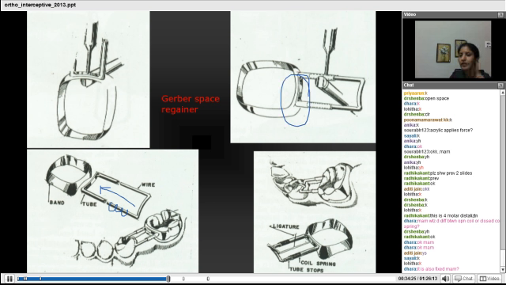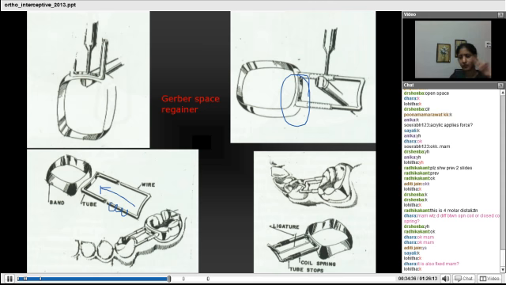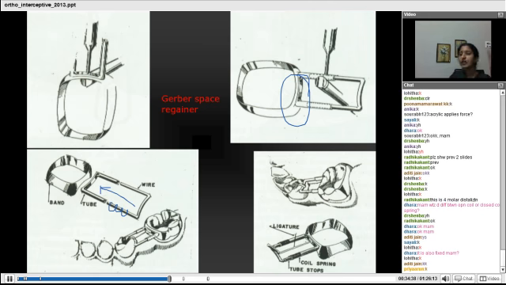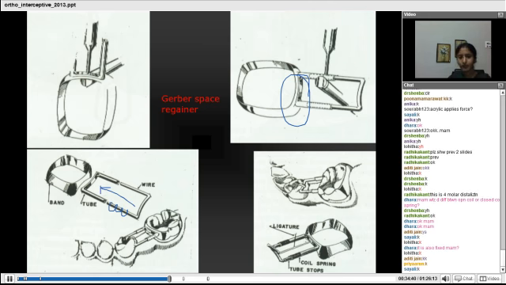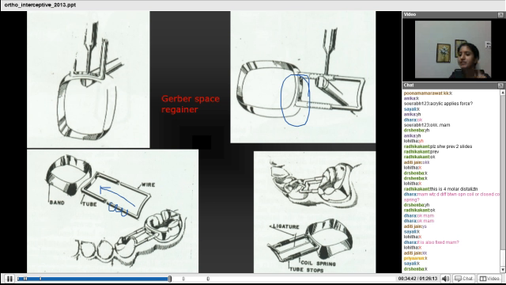Both open coil and Gerbers are fixed appliances, and all those four, slingshot, saddle, screw and palatal spring, are removable. So 4 are removable and 2 are fixed. The only difference is there you just had a U-shaped loop and an open coil spring, whereas in the Gerber space regainer you have this extra tube.